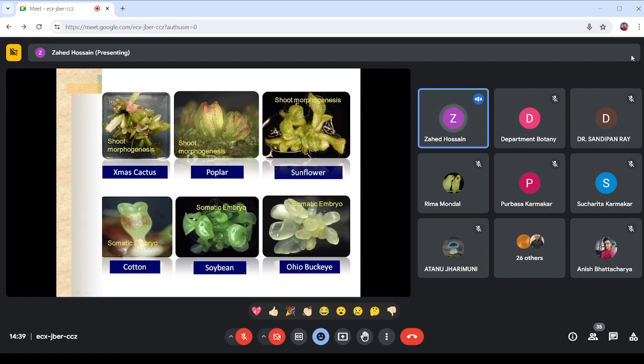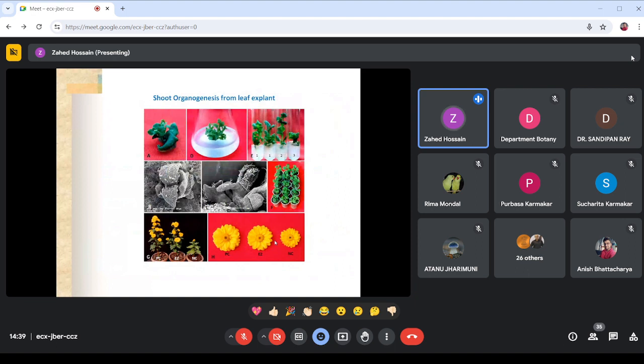All the photographs are taken under stereo microscopes. In this photograph you can find the different stages starting from inoculation to shoot bud regeneration. This is shoot organogenesis from leaf explant. Since it is direct, without going through the callus phase, it is more appropriate to say that it is direct shoot organogenesis.